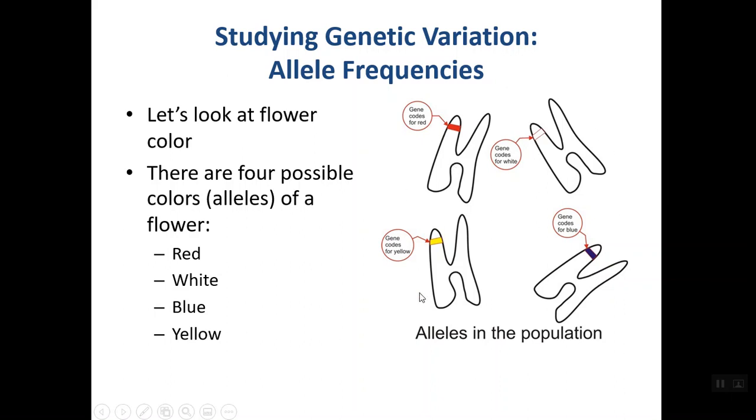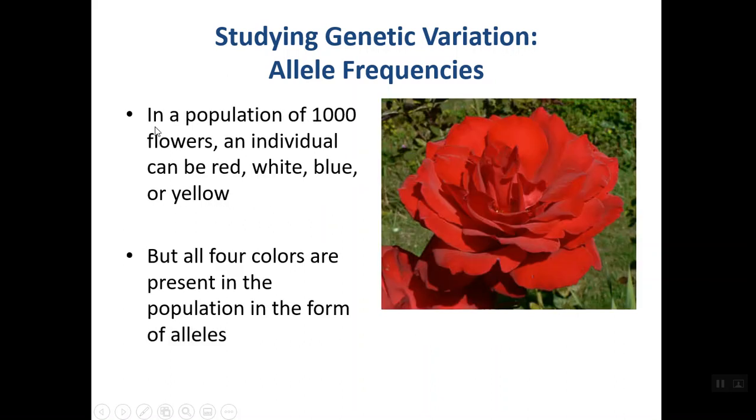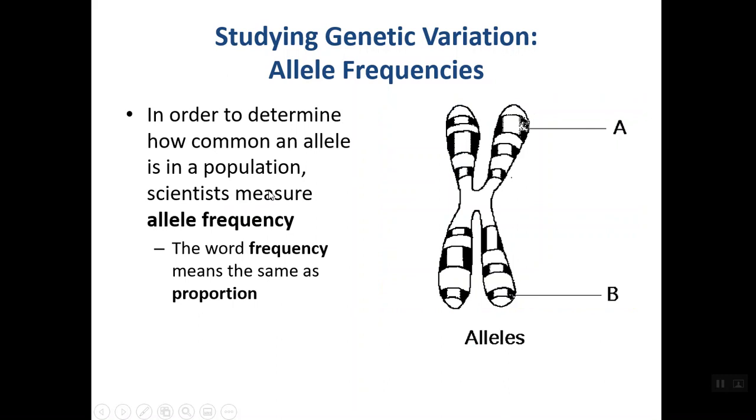So statistically, we see that 25% of plants are this color, 25 this color, 25 this color, and 25 this color. That's one possibility, okay? So in a population of, say, 1,000 flowers, an individual can be red, white, blue, or yellow. But remember that all 4 colors are present in the population in form of alleles, okay?